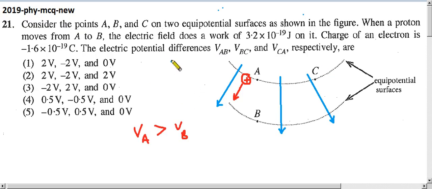Then they say the electric field does positive work. That also means without anybody's influence, the field gives the force to move this positive charge from A to B. That also means this diagram is correct, this statement also correct. Then let us write the energy equation.